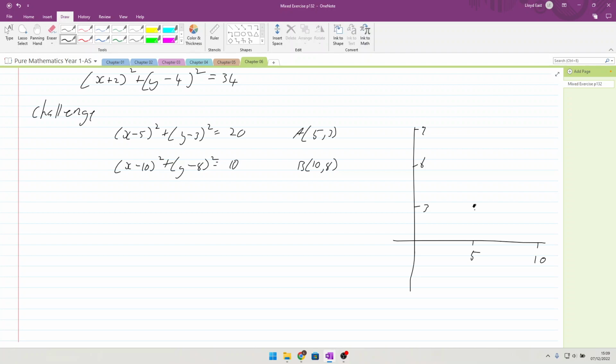Square root of 20 is somewhere in the region of 4.5. So the circle is 4.5. So the circle sort of comes around here like this. Then we've got the other circle, which is 10, 8, which is about here, and it's the square root of 10, which is 3.